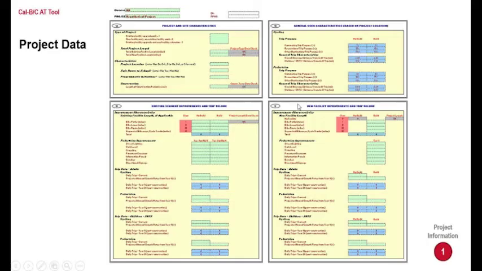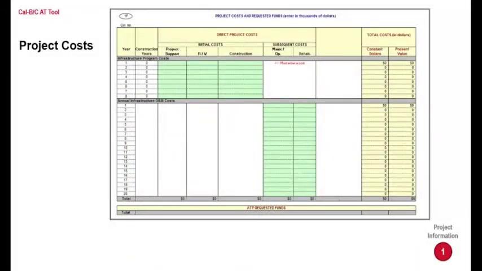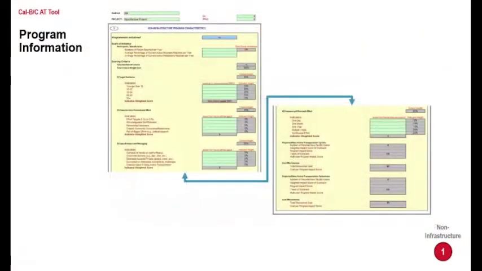It scrolls down for a bit, and I'm going to go into each of the different pages individually. And then it also has project cost data that you enter. There's that second page for non-infrastructure projects where you enter in information about the non-infrastructure projects.